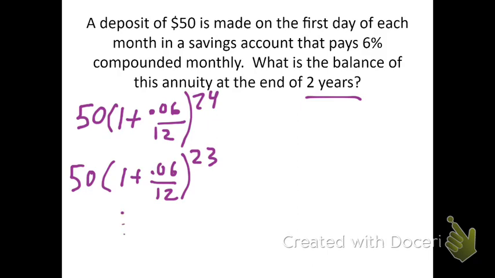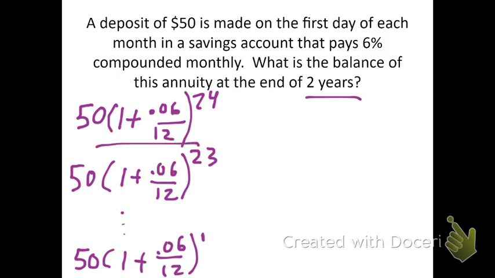And then you go all the way down to the money you put in 1 month before you close the account, and that $50 only gained 1 month of interest, so only 1/12 of that 6%. Whereas this one here got 2 years' worth of that 6% compounded monthly.